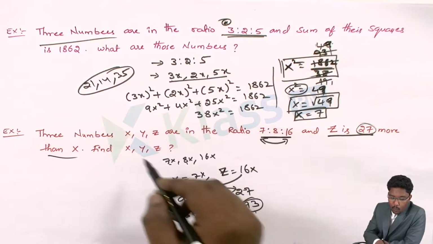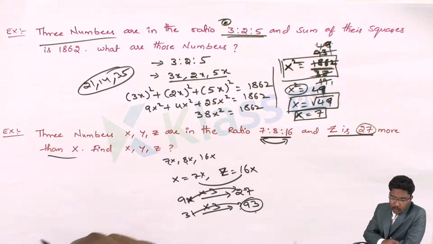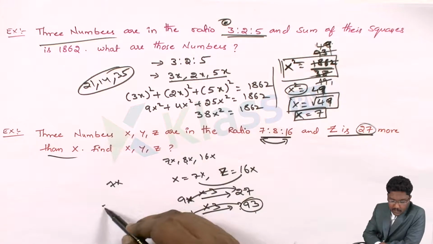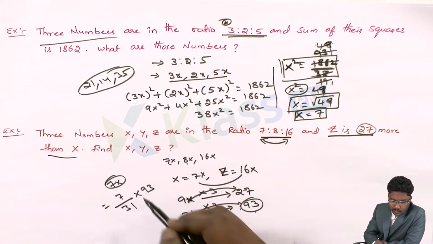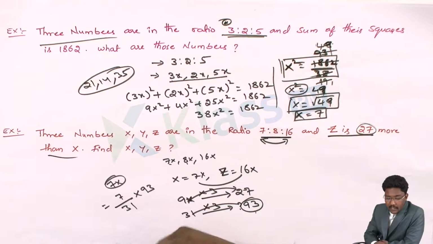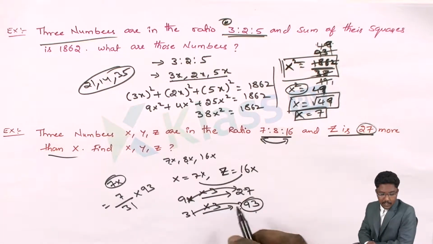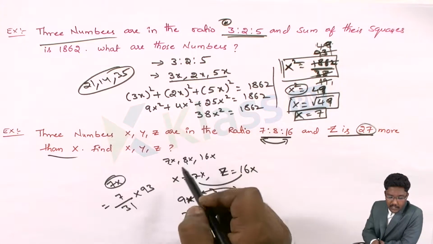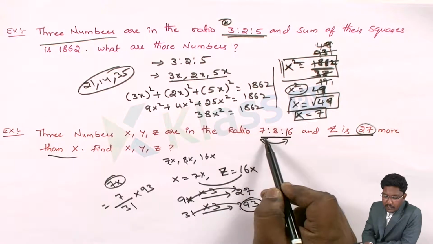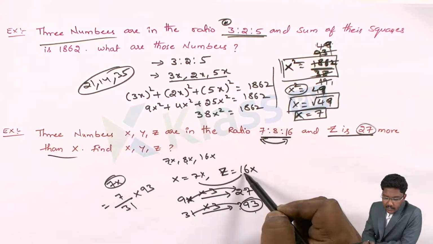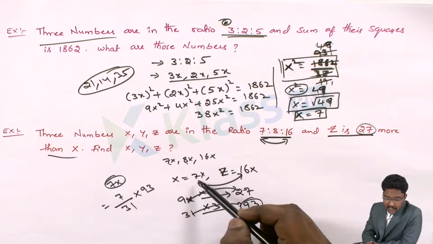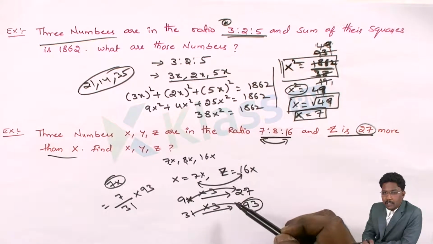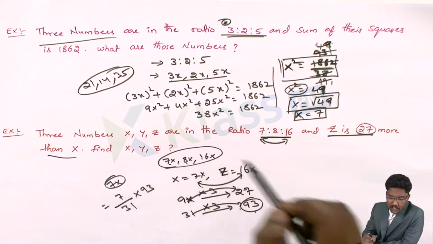Okay. But what they want is x, y, z. Okay. 7x means 7 parts out of 31 parts. But what is the value of 31 parts? 93. Is everyone understanding? So first we are taking the difference between x and z in terms of the number of parts. So x is 7 parts, z is 16 parts. What is the total parts? 31 parts.